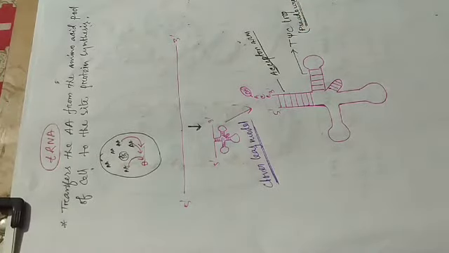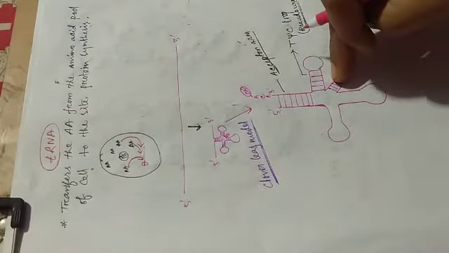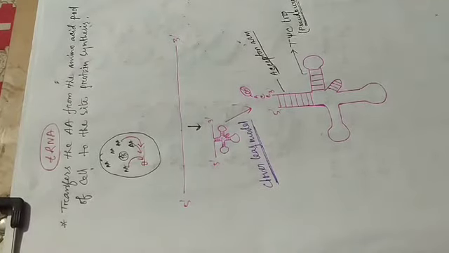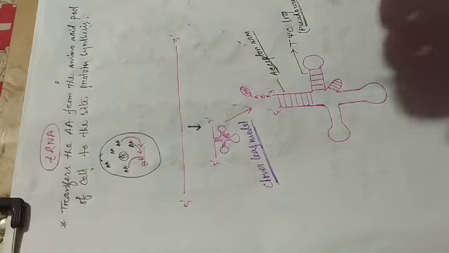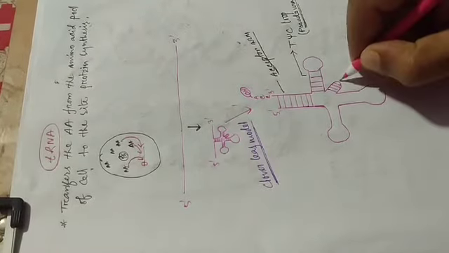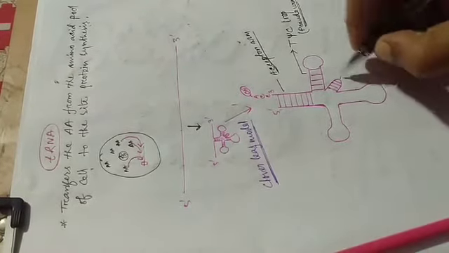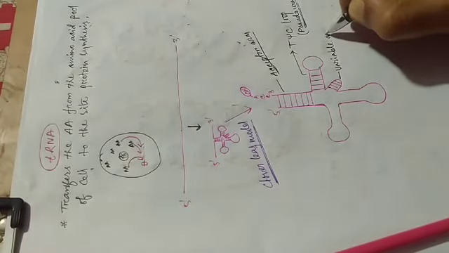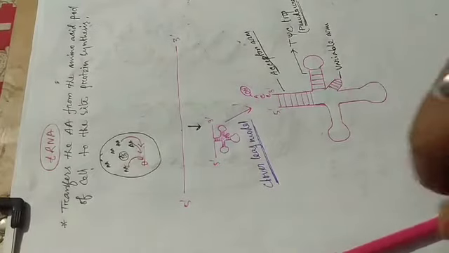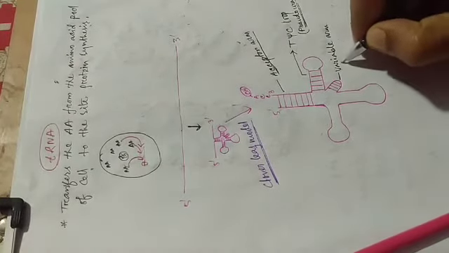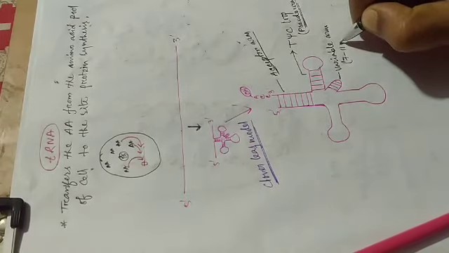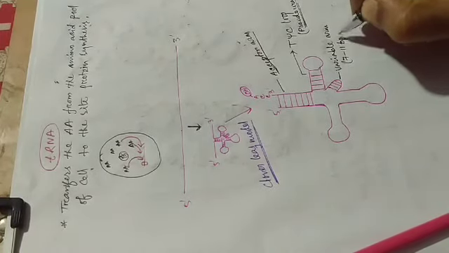Why is it called the variable arm? Because the length of that arm is not fixed. It is called the variable arm, and it is composed of 7 to 11 BP.